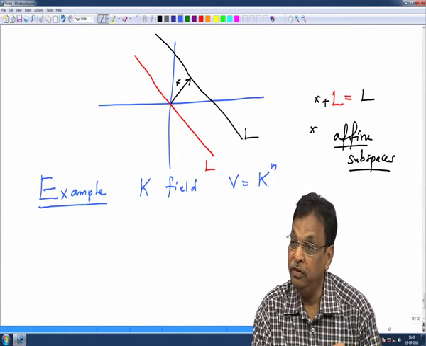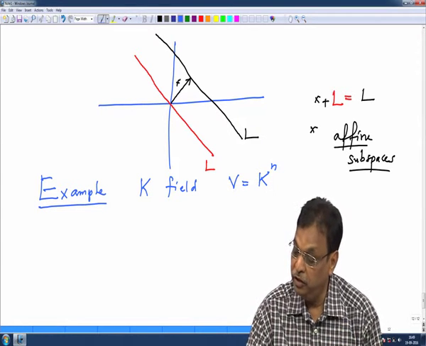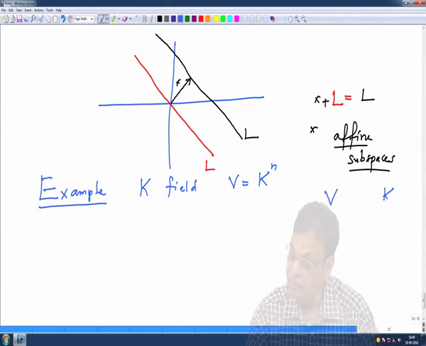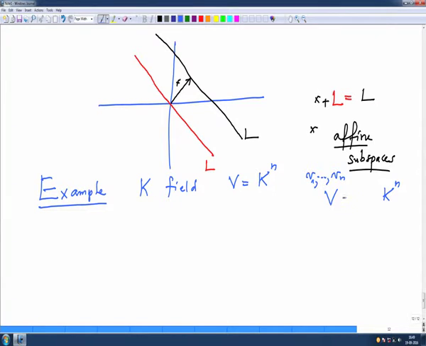If you choose a basis V1 to Vn of V, there is a very natural isomorphism which uses this basis, namely any V maps to V1 star of V, V2 star of V, etc., Vn star of V. This is an n-tuple and these are the coordinates. So, a basis gives the coordinates and this map is clearly a linear map and it is bijective. So, it is an isomorphism.